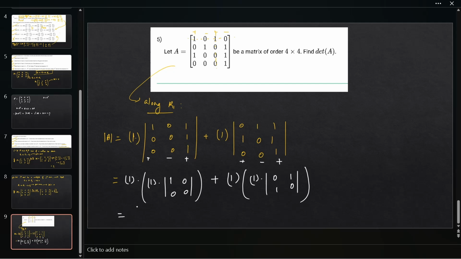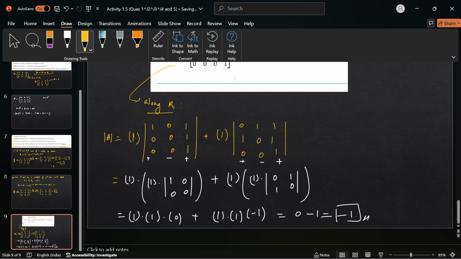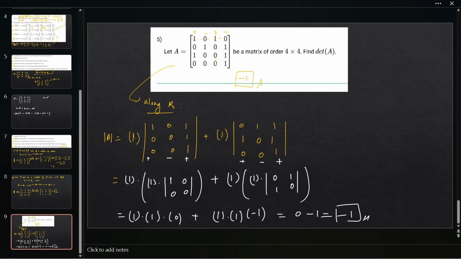So this is 1 times 1 times 1 minus 1 times 0 is 0, minus 0 times 0 is 0. So it's basically 0, plus 1 times 1 times the value of this determinant, which is 0 minus 1, that is minus 1. So the determinant of A is minus 1. So our answer is minus 1.